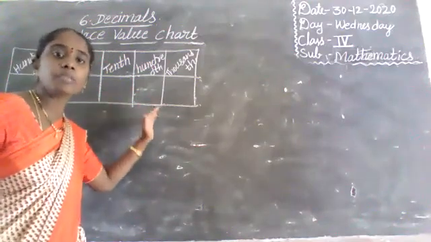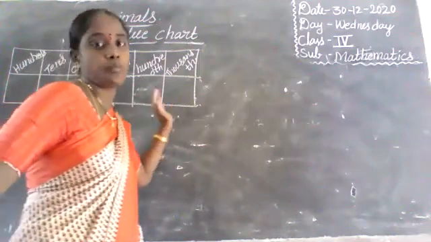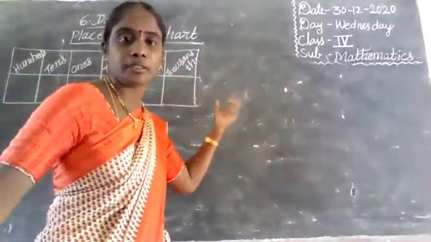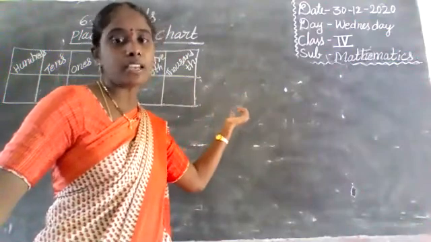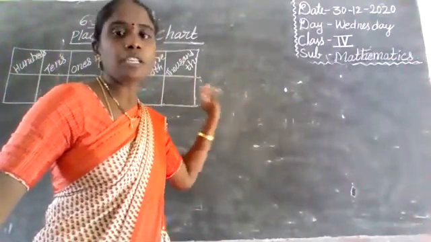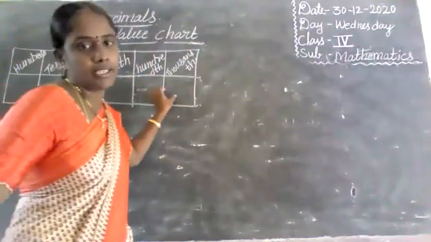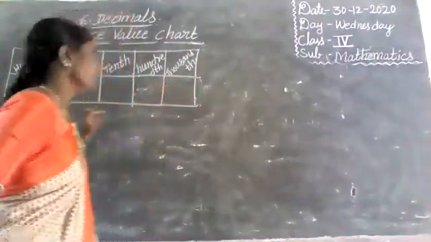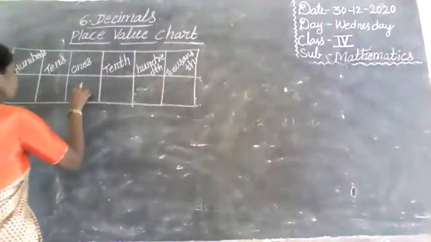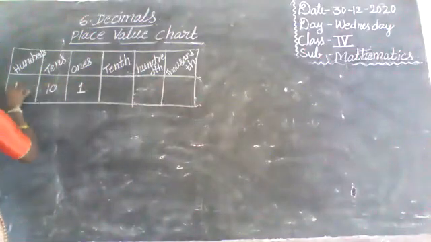But decimal numbers are the digits after the decimal point. For these numbers, the place value chart is 10, 100, 1000. Now, ones, tens, hundreds.